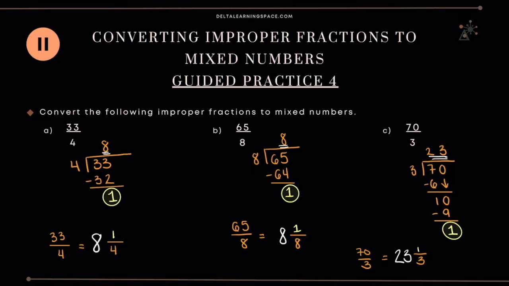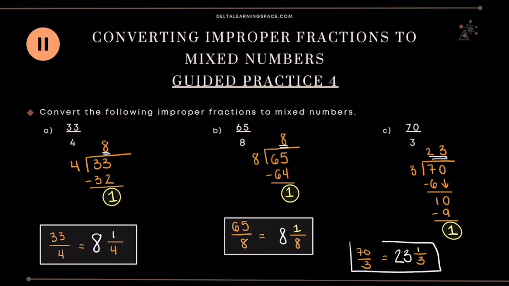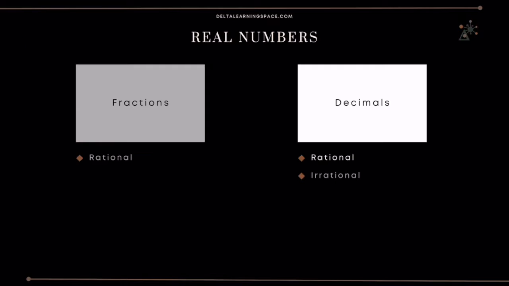For A, 33/4 as a mixed number will be 8 1/4. For B, 65/8 will be 8 1/8. And for C, 70/3 as a mixed number will be 25 1/3. How did we do?